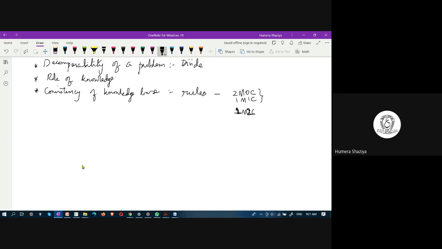We did not come to that stage where we had one missionary, two cannibals at any side of the river bank or in the boat. So what does it imply? That the set of rules is consistent. It says the same thing throughout. If it is deviating from what has been put as the condition, what the restrictions are, then it is not consistent. Then it is inconsistent. And inconsistent rules or knowledge base will not lead to the correct solution.